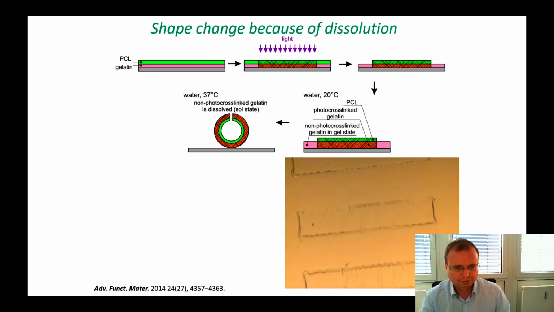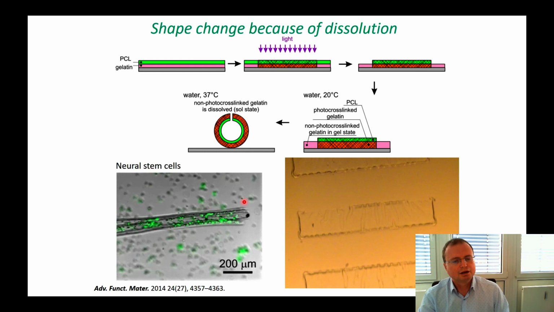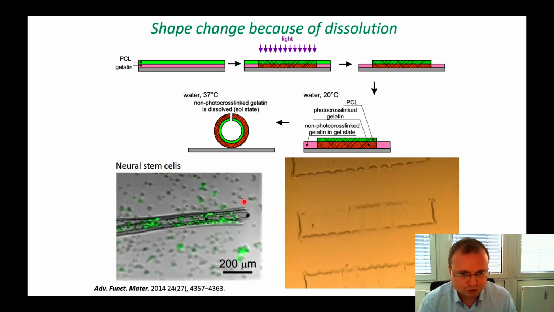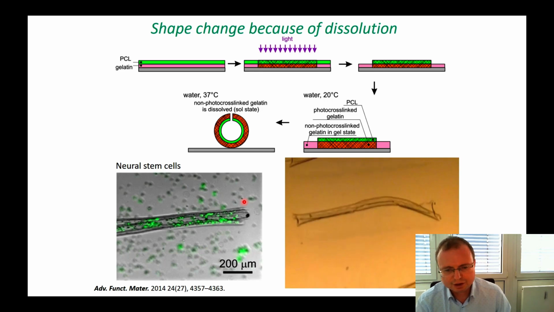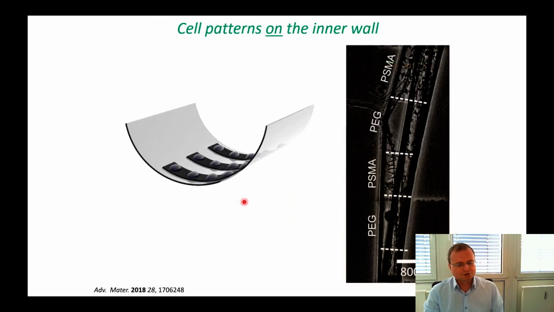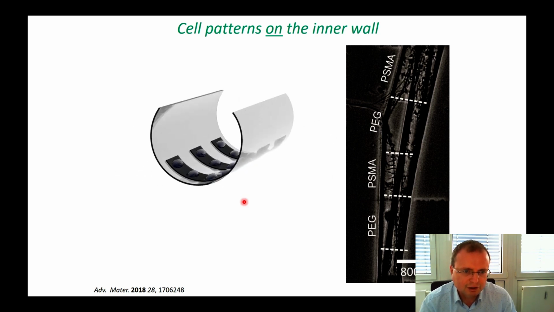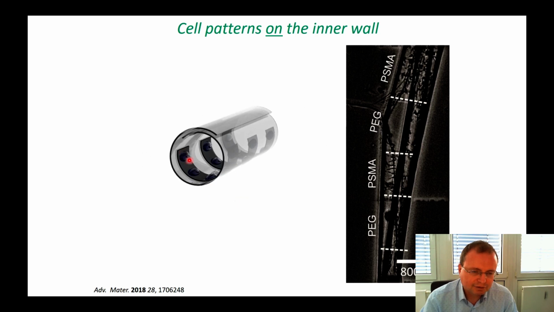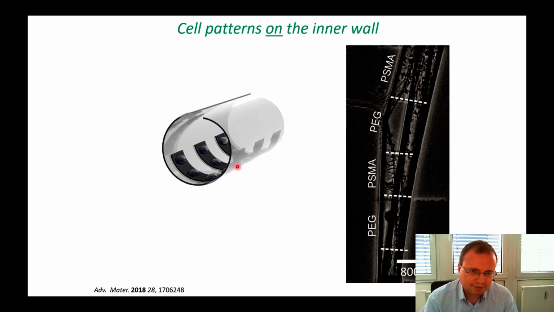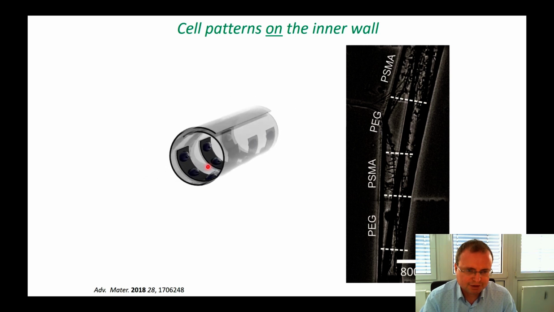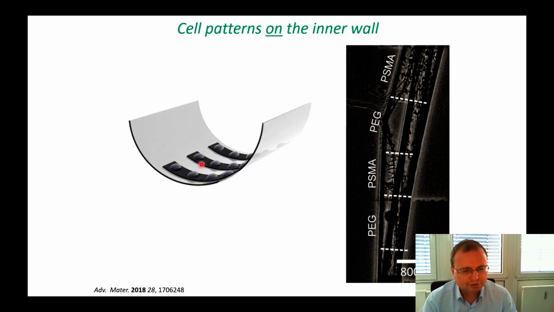This approach can be used for encapsulation of cells, like it was shown here. Neural cells were encapsulated in this case. So practically, one can also further extend this approach. One can deposit the materials which the cells adsorb, and these patches can be surrounded by a material which the cells do not adsorb.